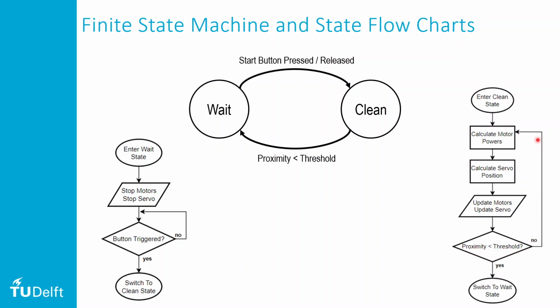If we do not, then we go back here, calculate the motors again, calculate the servo again, send those values to the motors and servos again, check the proximity again. And we keep doing that until eventually we see something close enough, and at that point we go back to the wait state. So these outline, in a slightly abstracted way, the algorithms associated with each of these two states, and this is the overall logic of the behavior.